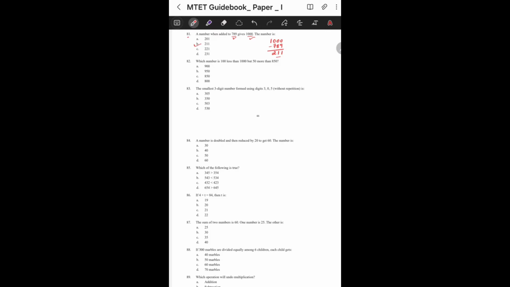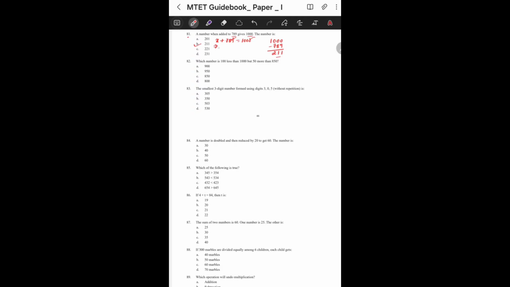Again, if you want, you can apply another method. The number which is not given to us, we will consider it as x, and in the question they said added, that means we give a positive sign, and the given number 789 we write here. It gives 1000, so we write 1000.